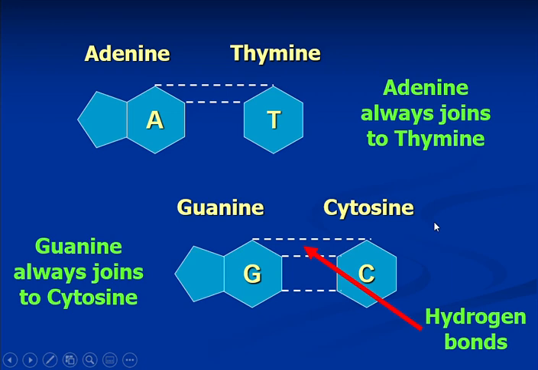Sometimes you'll see in textbooks that they get referred to as weak hydrogen bonds. And I know the physics people sometimes get a little bit, oh, there's no such thing as weak hydrogen bonds. But it's fine. If you refer to it as weak hydrogen bonds, or as hydrogen bonds, you'll be fine. Just know that holding between the nitrogenous bases of opposite polynucleotide chains is hydrogen bonds.